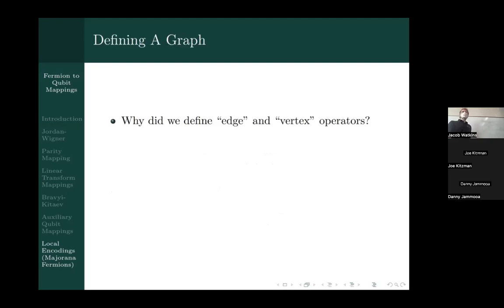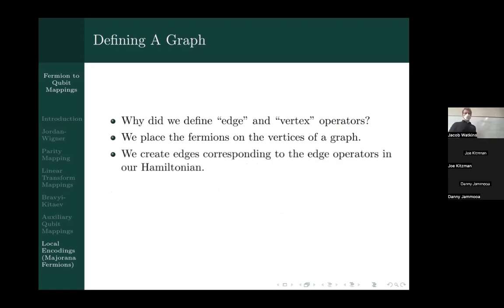So the question is, why did we define them and why do you call them edge and vertex operators? We're going to define a graph. We place the fermions on the vertices of this arbitrary graph and create edges corresponding to the edge operators in our Hamiltonian.